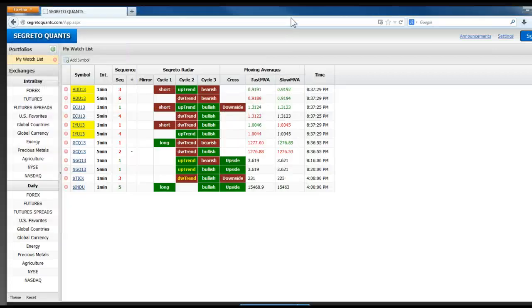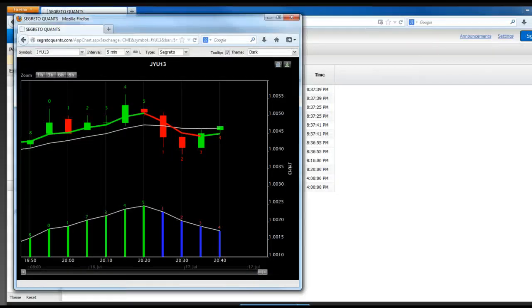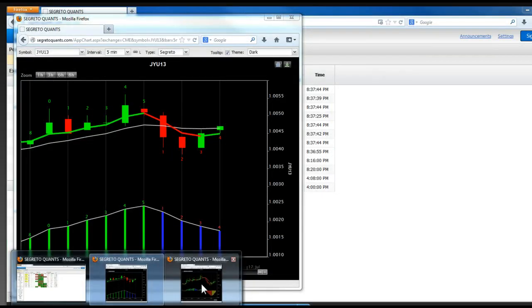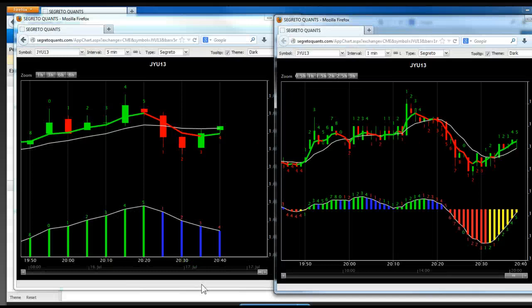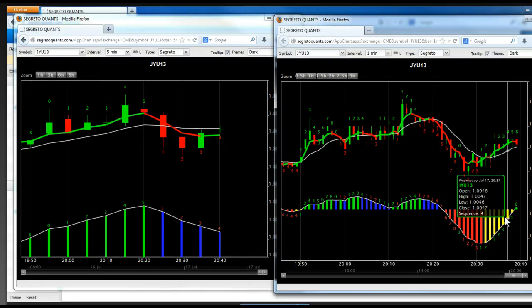All right, so let me pull this back up really quickly. All right, so over here now, a little more concerning. These yellow on greens have turned to green on green, which means buying strength.